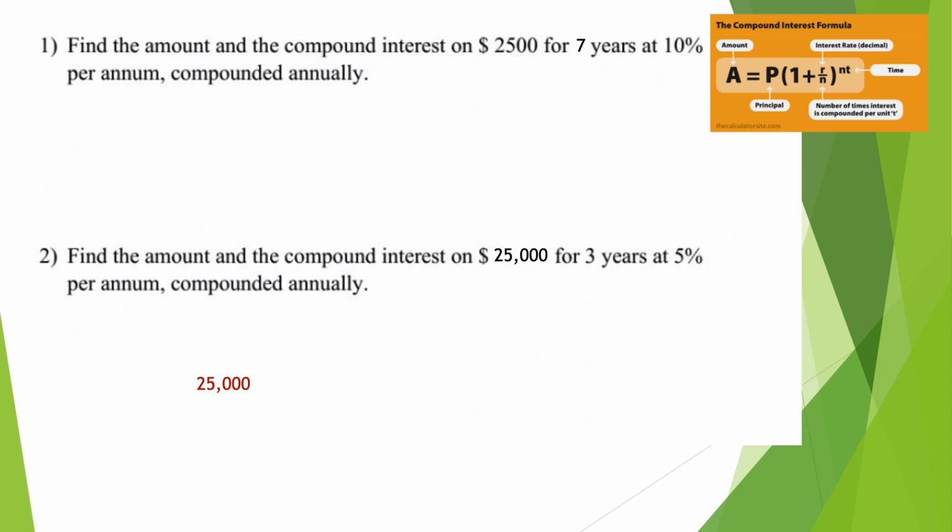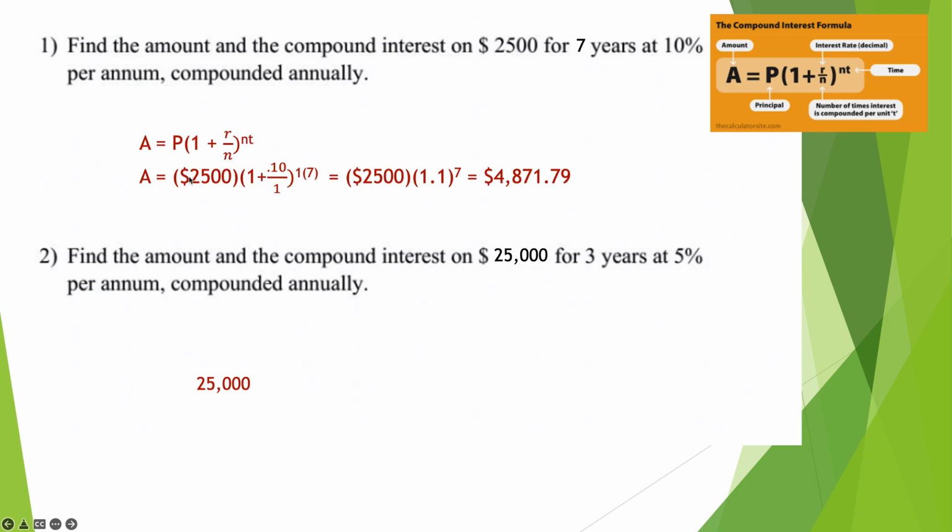Okay, so for the first one, we're going to just use the formula, just copy it and plug it in. The principal, the amount we start with, $2,500. 1 plus the interest rate is 10%, and it only gets compounded annually, so the n is 1 for 1 time a year, and it's going to be for 7 years. So that's 2,500 times 1.1 to the 7th power.